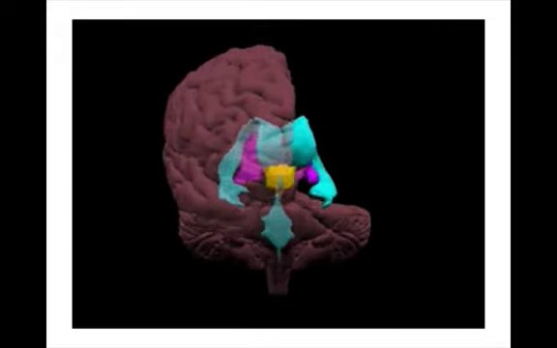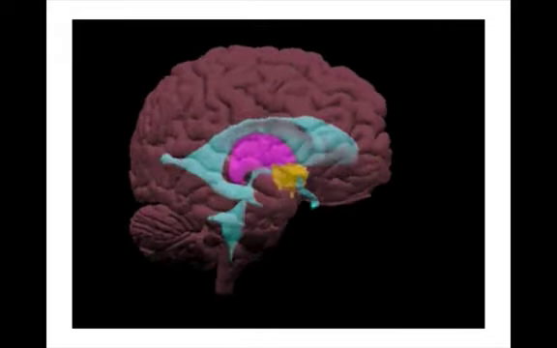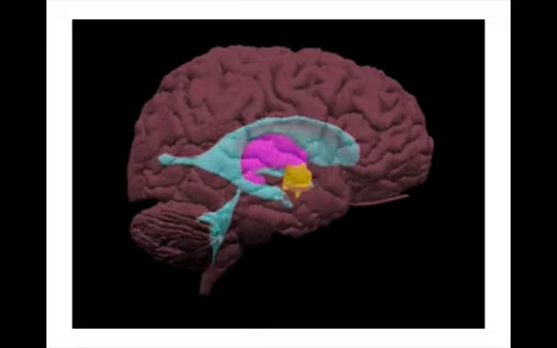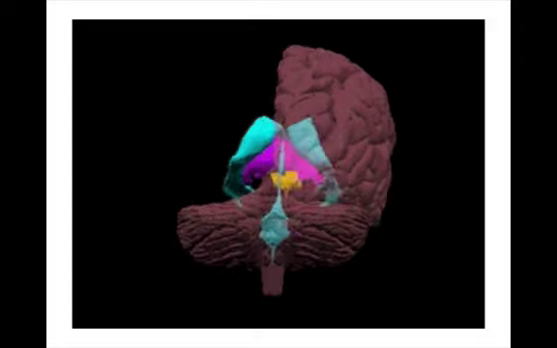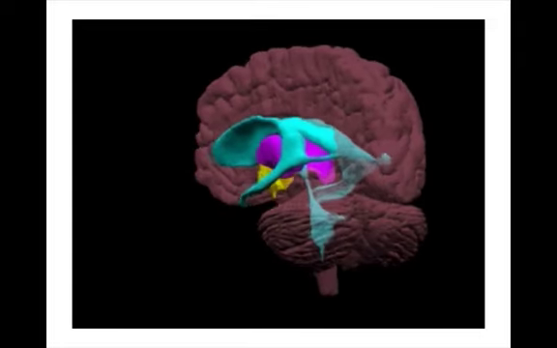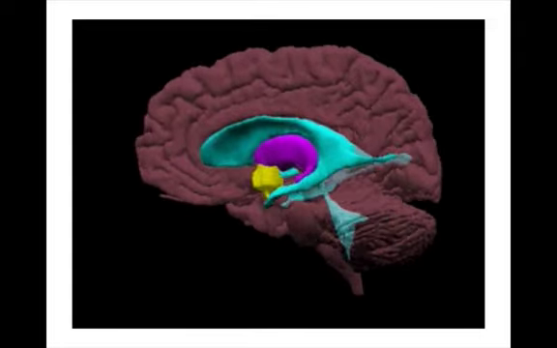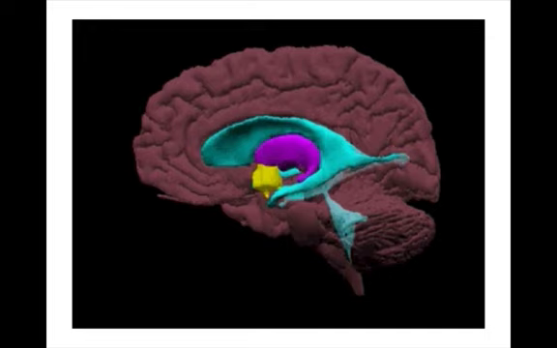The infundibulum has two parts. One is a bundle of axons, the other carries a flow of blood containing hormones, and both come from the hypothalamus. So that introduces the relative positions of the cortex, the thalamus, and the striatum.